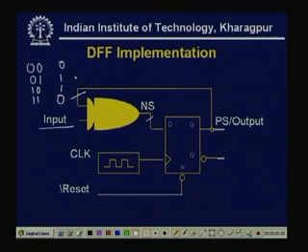So, after one clock pass, this will be my output. The output will be shown here, and this is the function of the flip flop: after one clock pass the outputs are passed from here to here. This is the design of the odd parity checker.